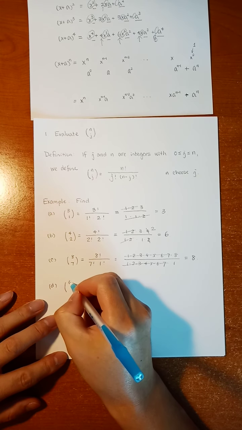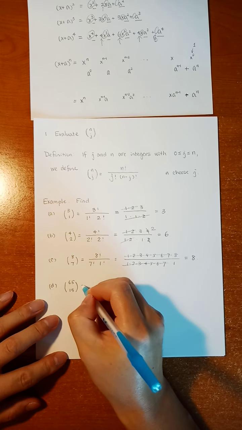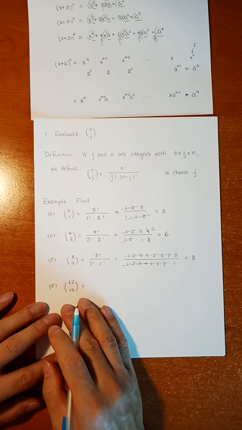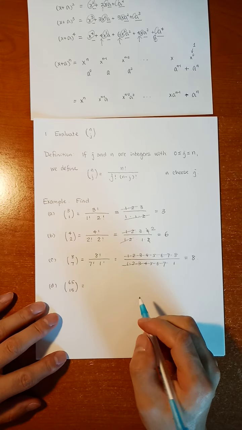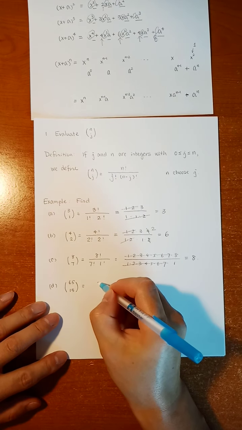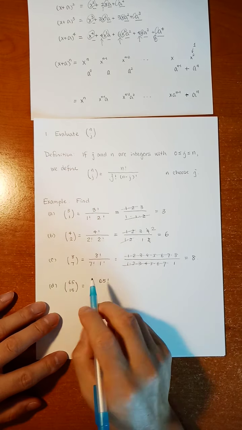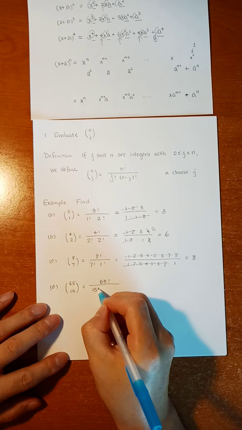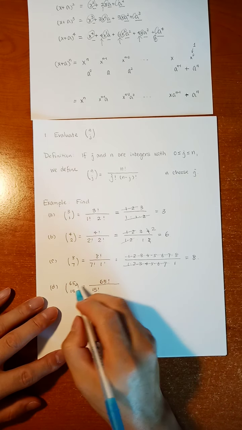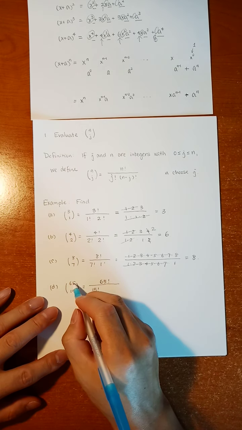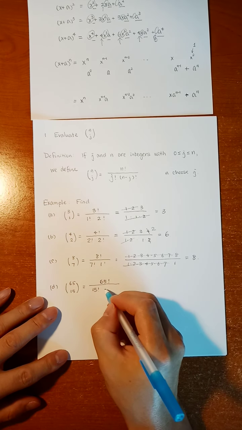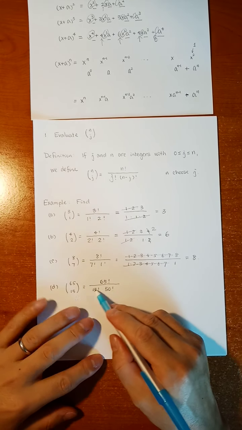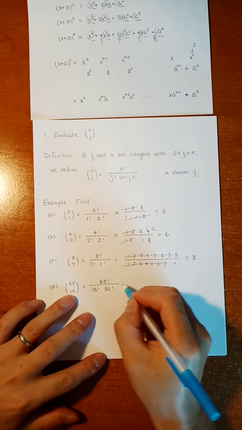In the textbook, they gave us this example, which has a label, calculator. It means you really need the calculator to compute it. So by definition, it's 65 factorial over 15 factorial and 65 minus 15, which is 50 factorial. So let's see.